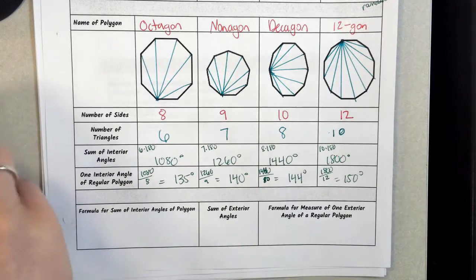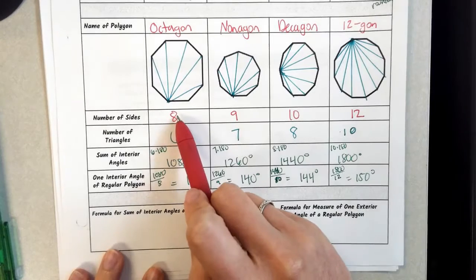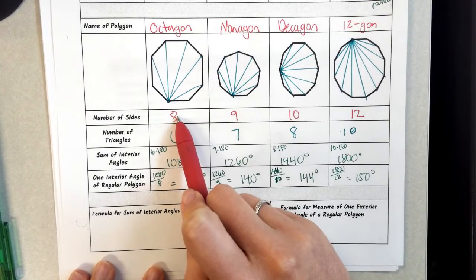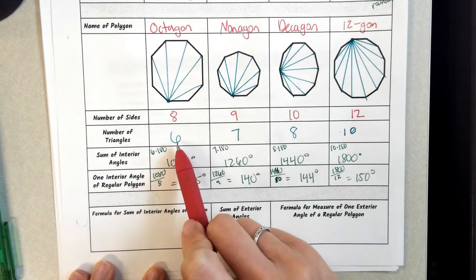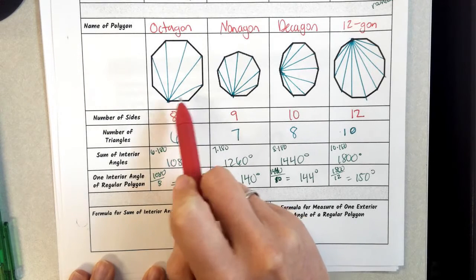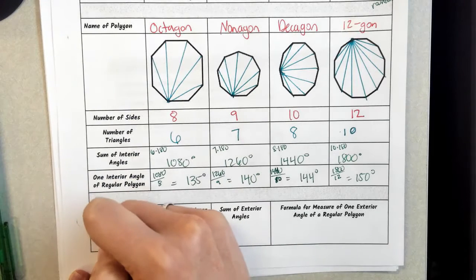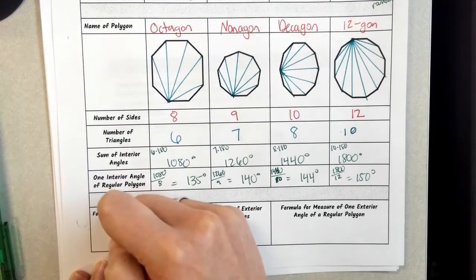Okay, I'm not sure whether you got it or not, but if you look at our numbers, we always take our number of sides, n, and it's 2 less because if you think about it, I can't draw to the 2 sides that are right next to it. So I'm going to use n for my number of sides.